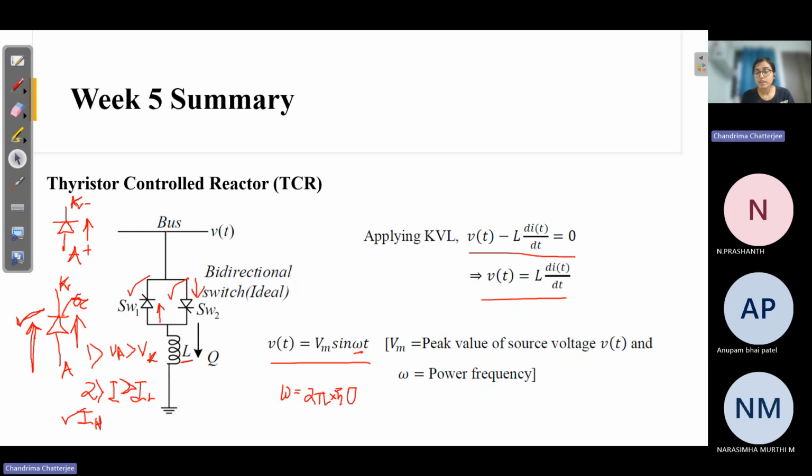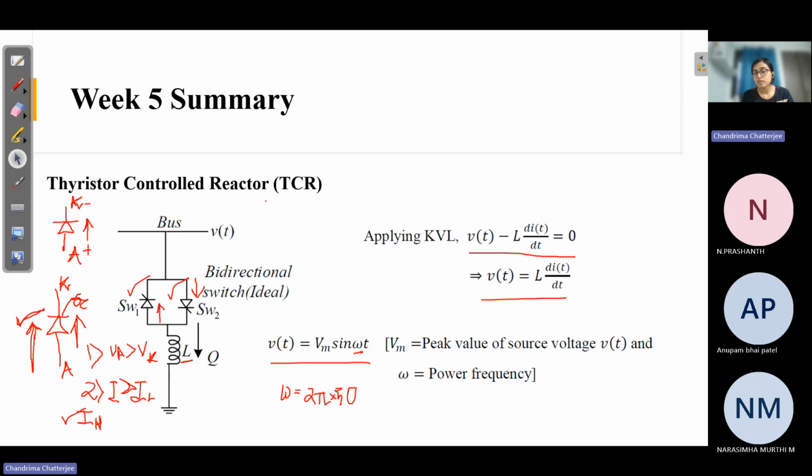As I just told you, you can control the turn on of these devices, right? You can dictate when you want these devices to conduct. And if these devices are turned off, then the current can't flow through the inductor, right? So based on this, you can offer a variable reactance over here. If you are able to control the turn on instant, then you can also control the duration till when the current will flow.